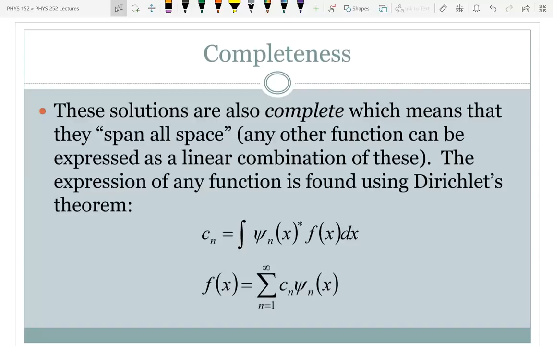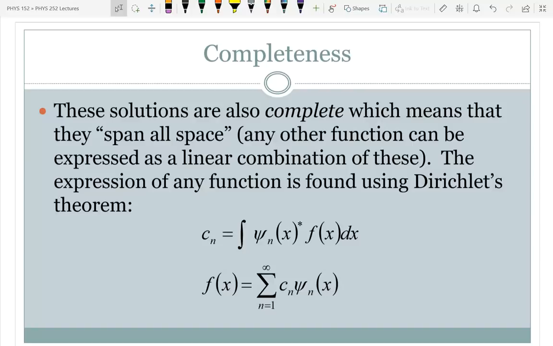Just like if I have a vector that goes from me to Nathan, I can say, okay, it's this amount in that direction, plus this amount in that direction, plus this amount in that direction. Each one of those directions was orthogonal. And they completely span the space, so I can get to him following those directions. If we only had 2 dimensions, like up and down and forward and back, it wouldn't be complete. I couldn't make a vector that goes to Nathan using only forward, backward, and up and down. So that's what completeness means.